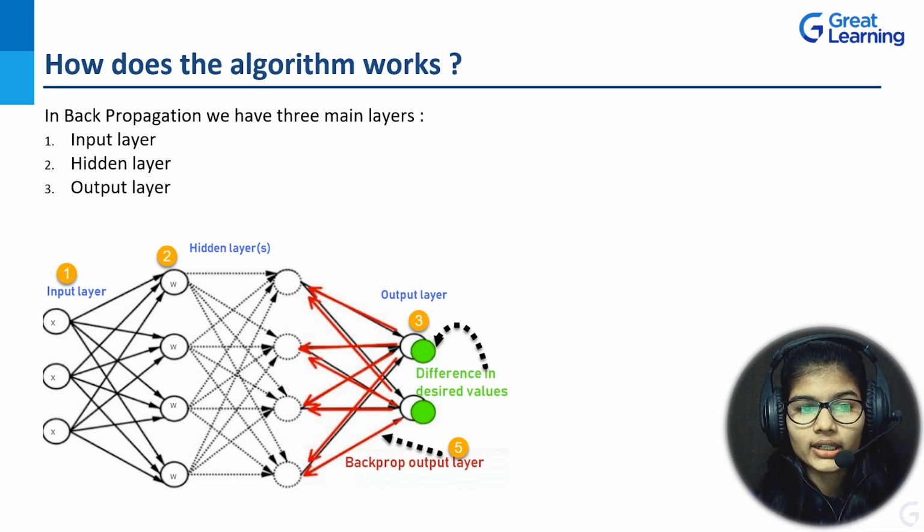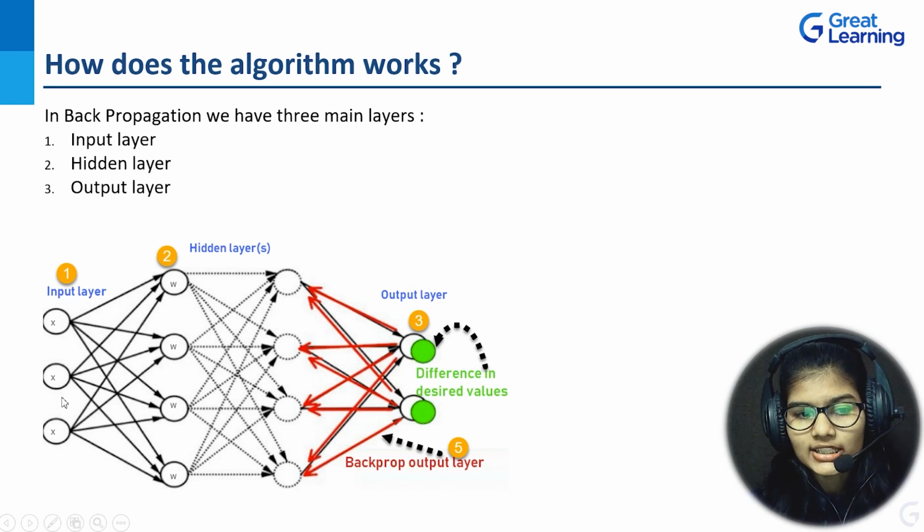Let me give you a very quick idea of this diagram, and then I'll take you forward to the complete idea of the algorithm's working. Have a look here on the left hand side. You have the input layer above which the number 1 is written. Next, where the number 2 is written, that's your hidden layer. And where 3 is written, above that is the output layer.